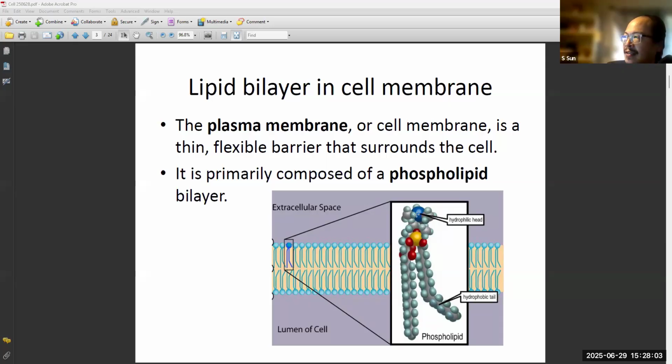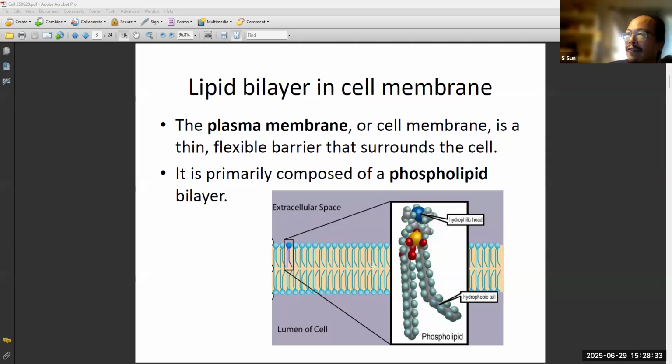This phospholipid has a glycerol side, which is hydrophilic. This side loves water. In contrast, it has the fatty acid, which is lipid. Lipid is hydrophobic, meaning it doesn't like water. So this lipid part will face another layer of phospholipids with their lipid part.